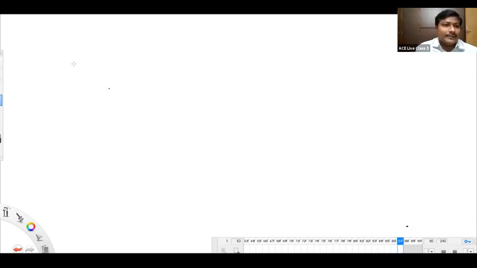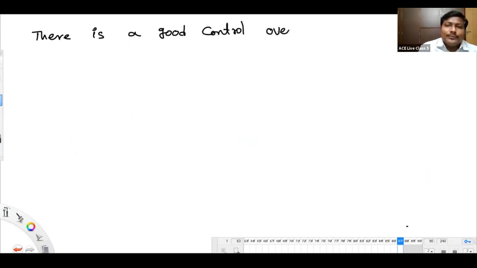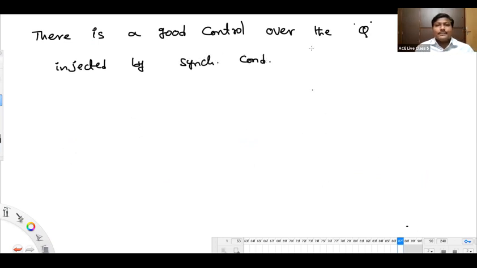So I can say there is a good control over the Q injected by the synchronous condenser, such that voltage collapse problems can be avoided.